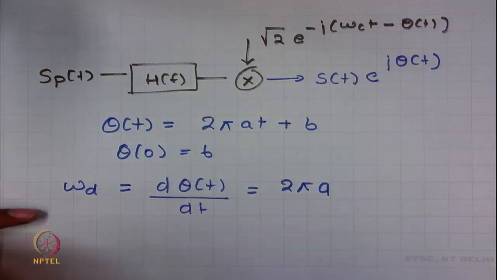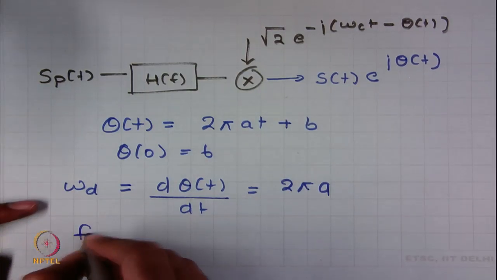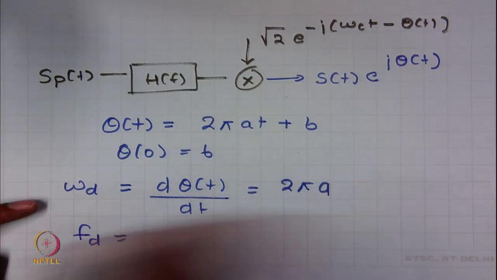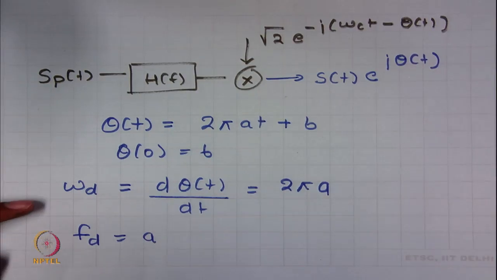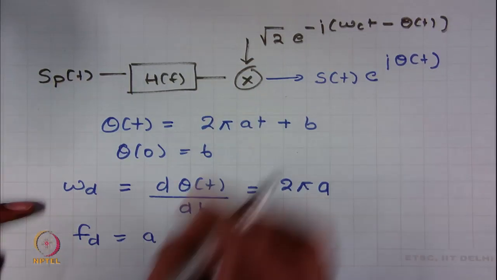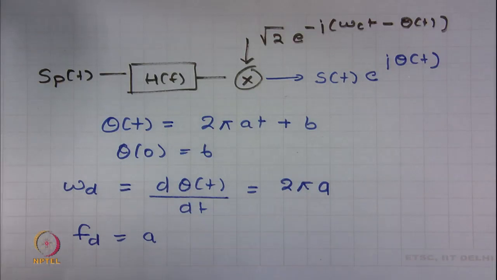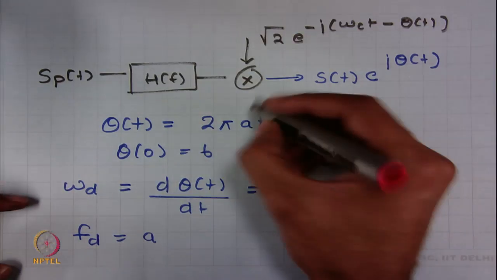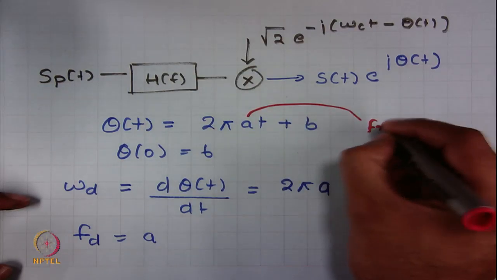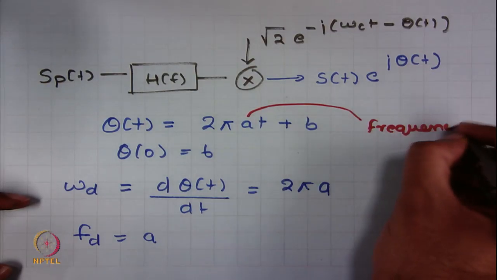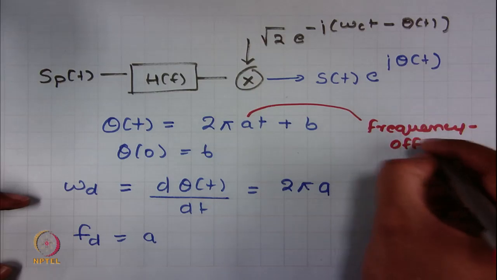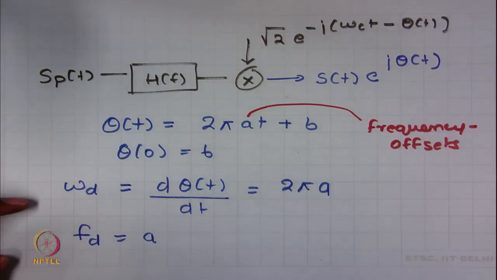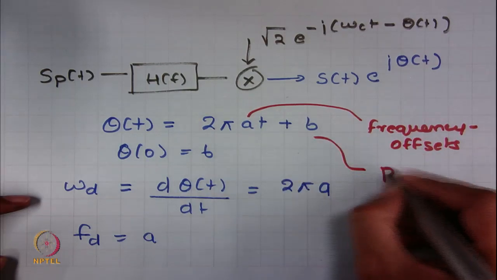If I am interested in the frequency deviation in hertz, this is in radian per second, I would get A. So, this A constant corresponds to the frequency deviation or frequency offset, and B corresponds to the phase offset.